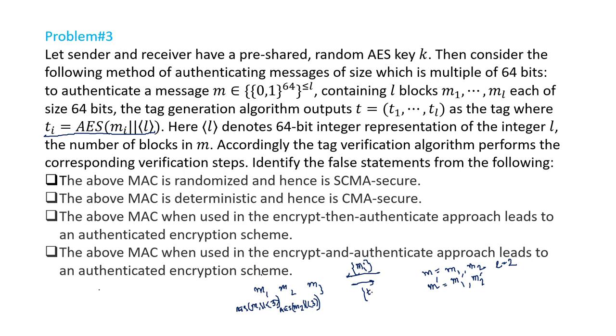You get to see the set of corresponding tags, and then the adversary has to come up with a valid message-tag pair. So if the adversary queries with this kind of message, the tag it gets is T equal to AES of M1 concatenated with 2, comma, AES of M2 concatenated with 2.